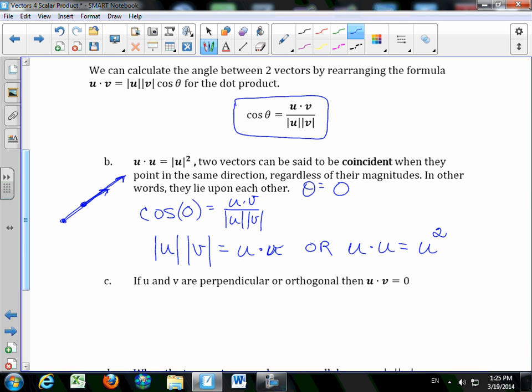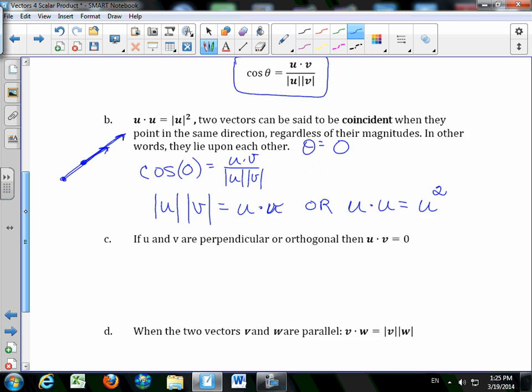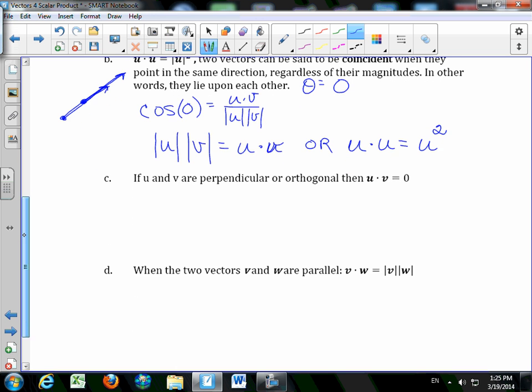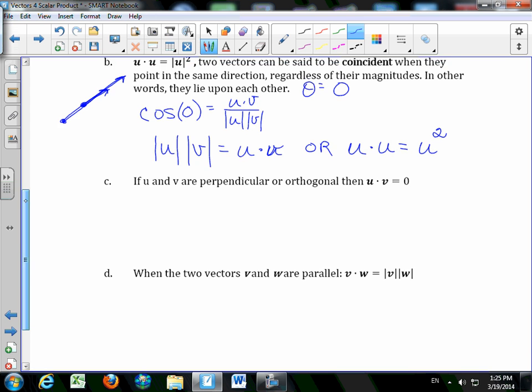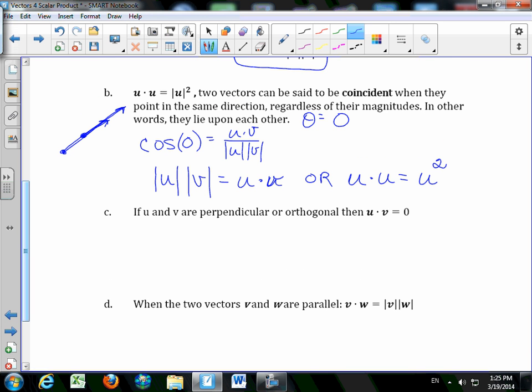To be honest, this one isn't going to come up very much. It's not one that you'd need to memorize because if you plug in, you're going to find that anyway. I probably should have just done u times u here, because they're saying that they're the same thing.